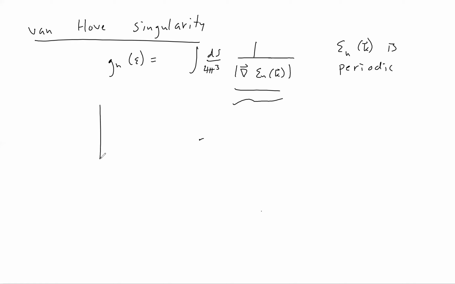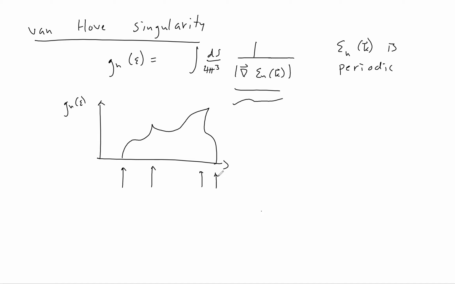So it's often the case that one will have a density of states for some band that might look like the following. So there are Van Hove singularities at these points indicated by arrows. This is where the derivative of the density of states vanishes.